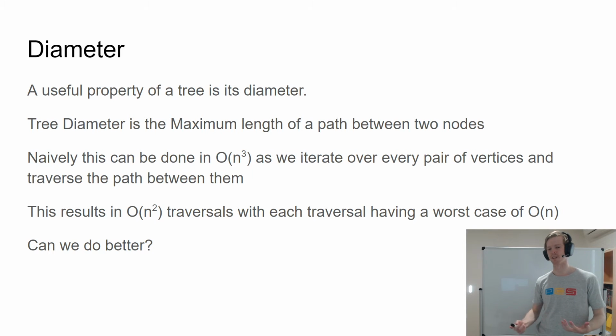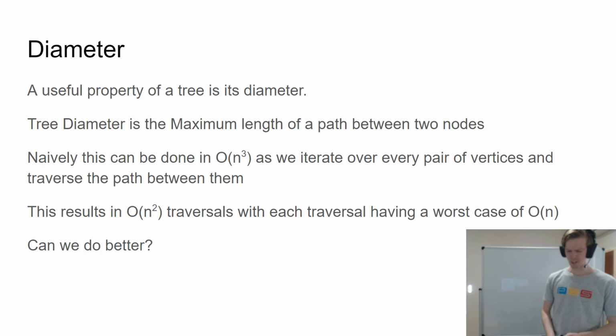If you imagine doing this on a cyclic graph, this wouldn't really be possible, as there will be a maximum length to reach something, but there's a much larger traversal that's possible, to the point that it actually goes to infinity. So this is a property that's unique to trees, for undirected graphs at least. So tree diameter is the maximum length of a path between two nodes.